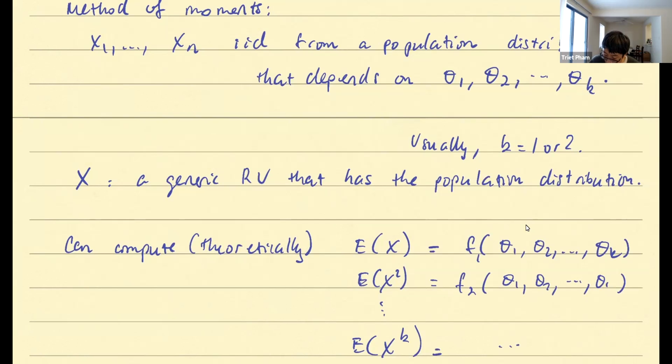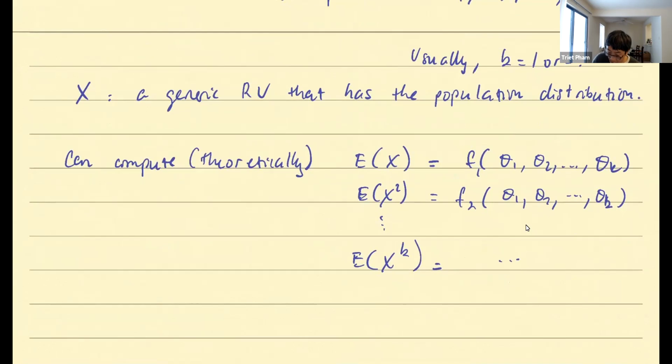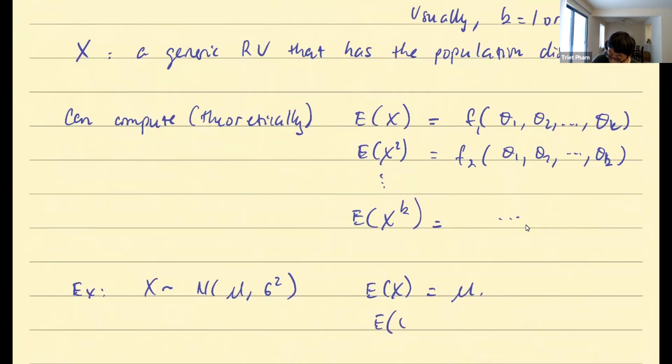So for example, just to bring this point home so you don't think it's too abstract: if the population is normal with mu and sigma square, then the expectation of X is mu, and the expectation of X square is mu square plus sigma square. That's my F1 and F2.